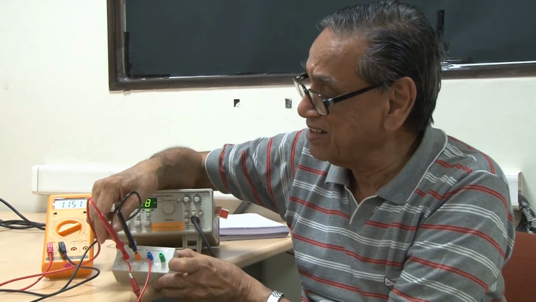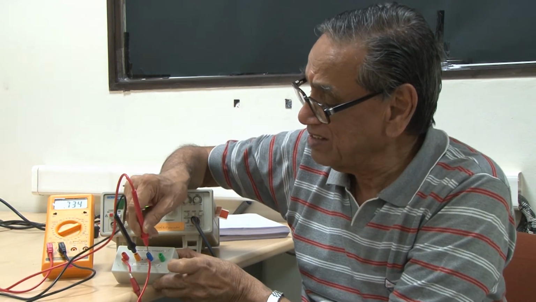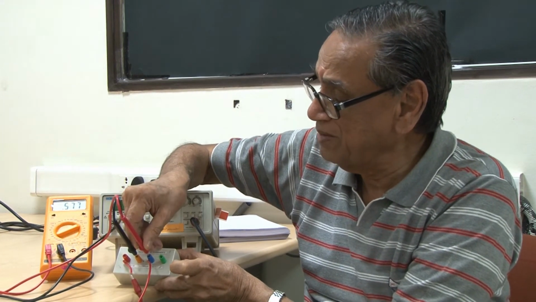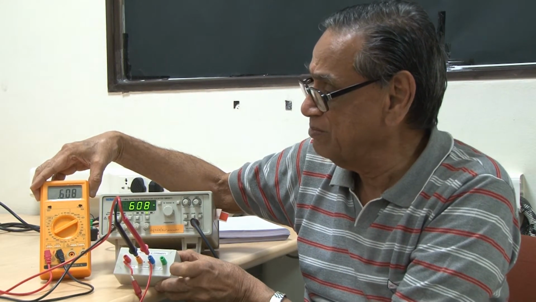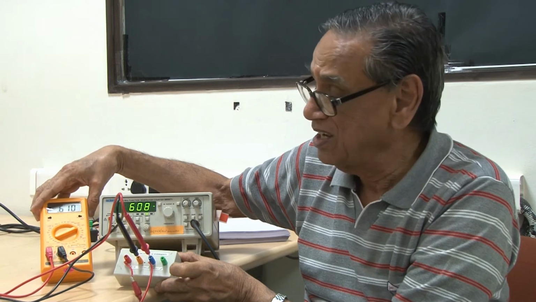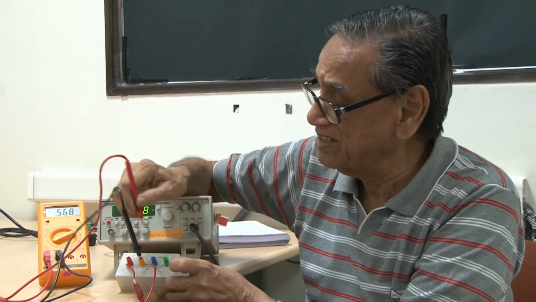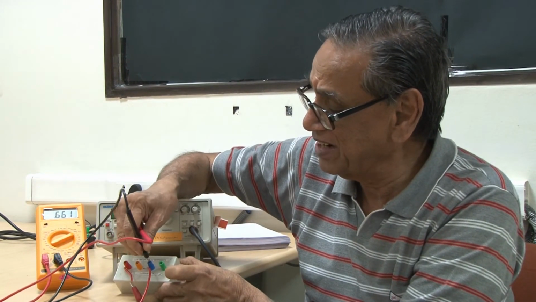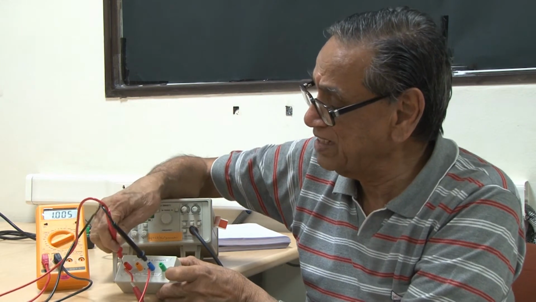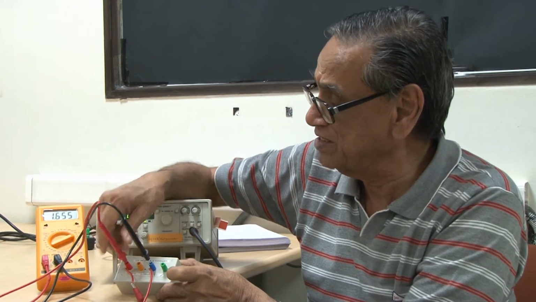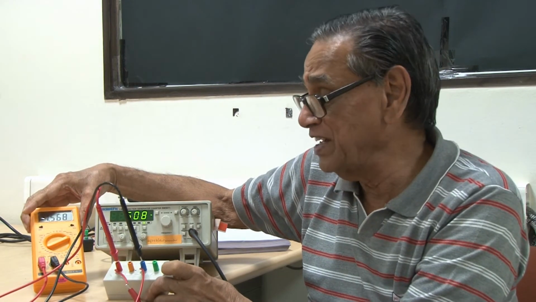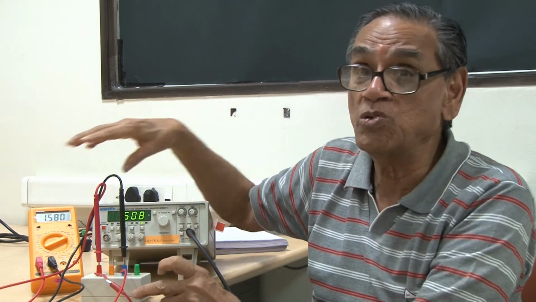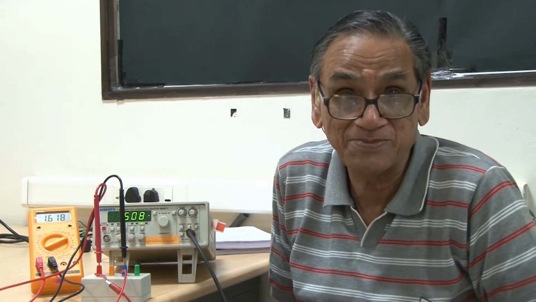I connect between the orange and blue, I measure the voltage across the coil, it's about 0.6 volts. And if I connect between the red and blue, I am measuring total voltage I am applying. The total voltage is not equal to sum of the voltages.